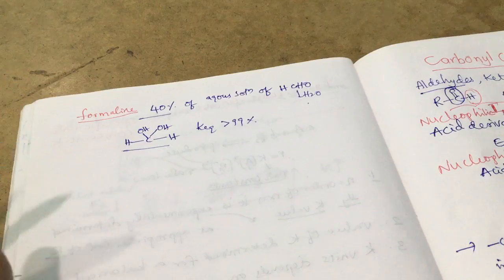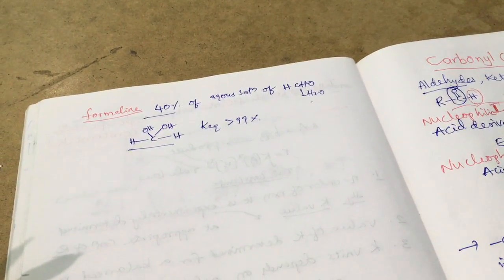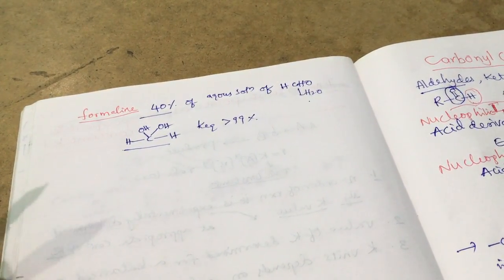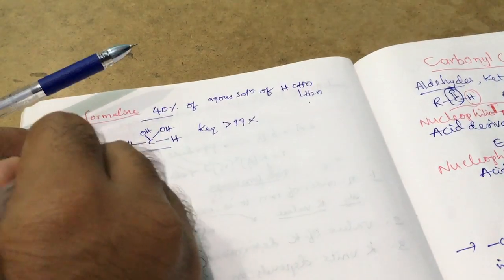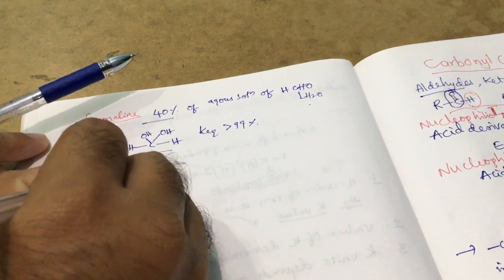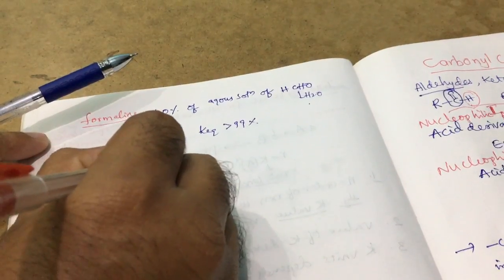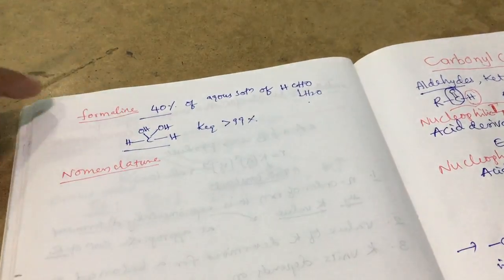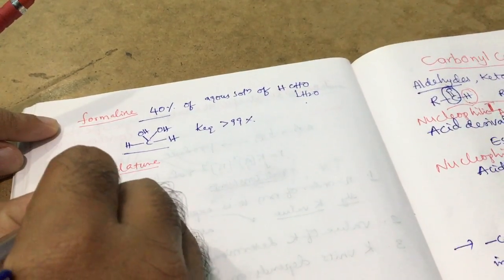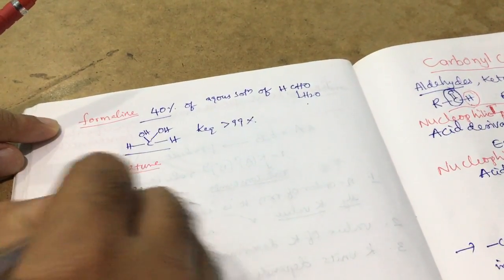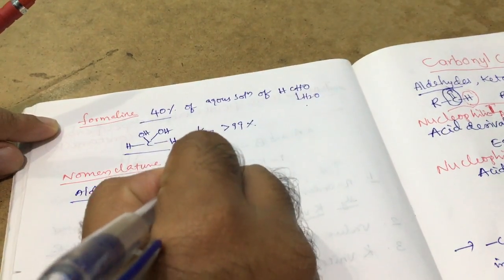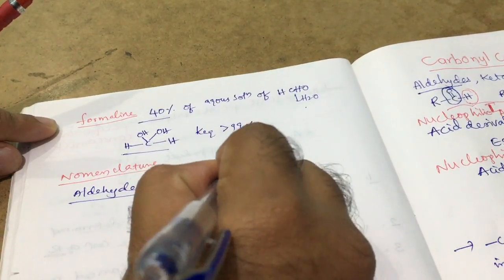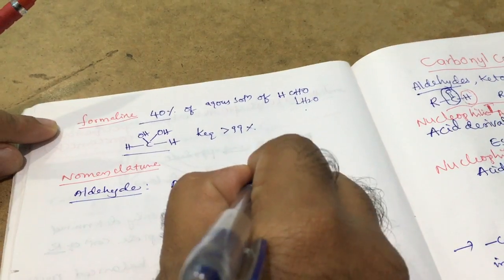So next, nomenclature. In the nomenclature, aldehydes: alkane plus al is the suffix name.